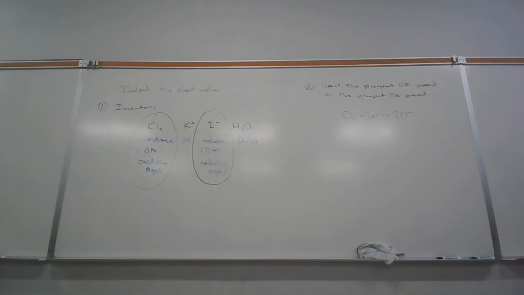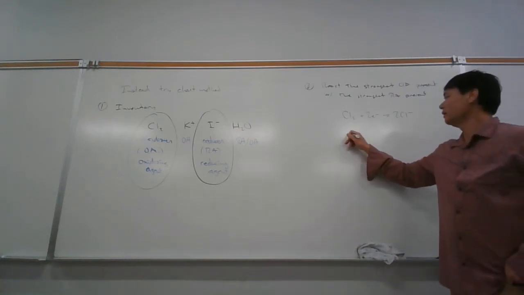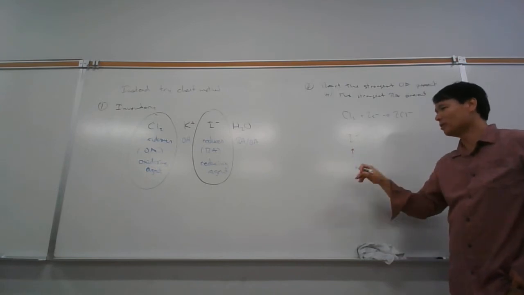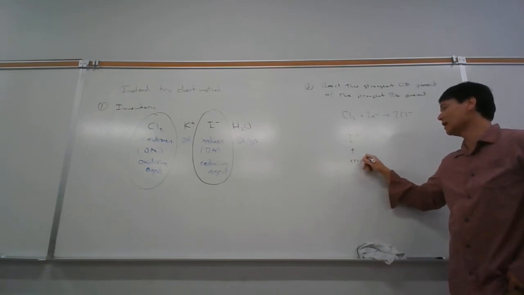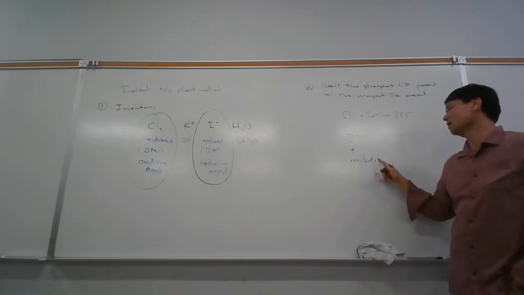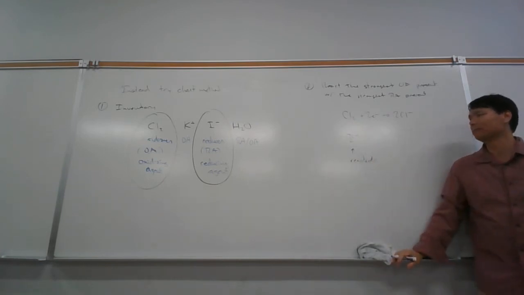Right now this is called a product because it's on the right side. What we need to do is put iodide on the left side and make it a reactant. And so I have to flip the equation because I want this to be a reactant. Chlorine's a reactant, iodide's a reactant, and so both of these are reactants.